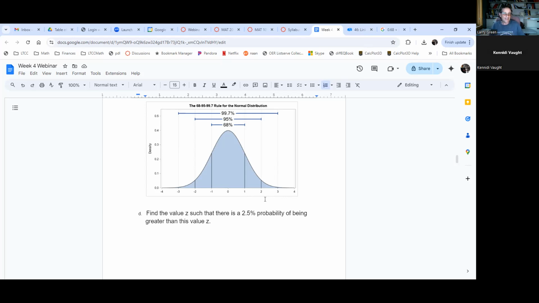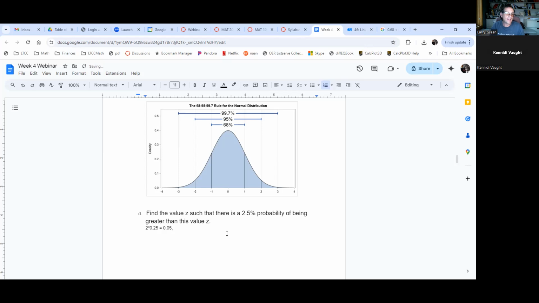The right and left, if the right-hand side is 2.5%, twice 2.5% is 5%. Now that's the outside.